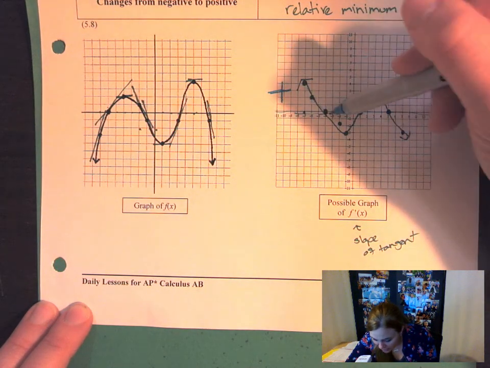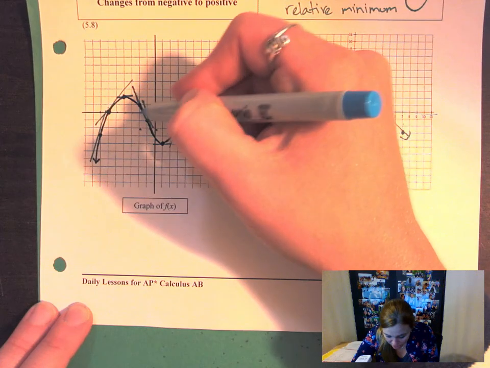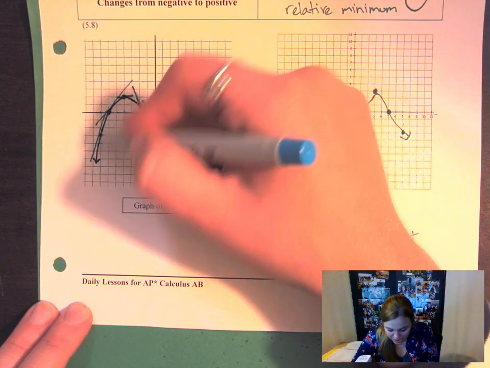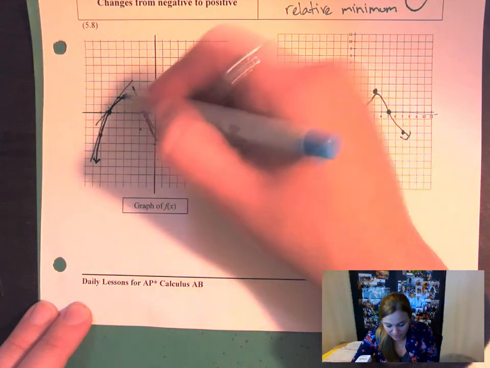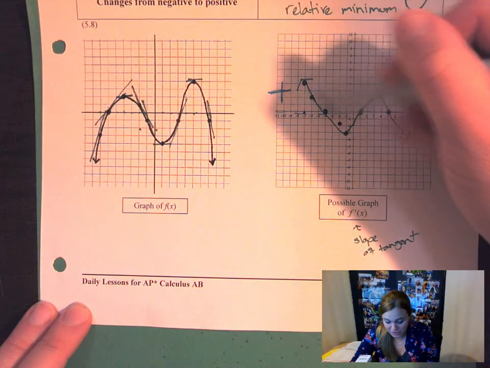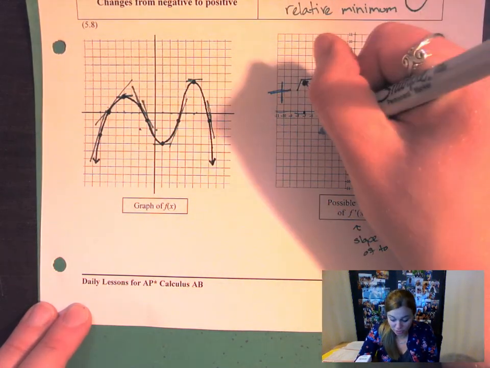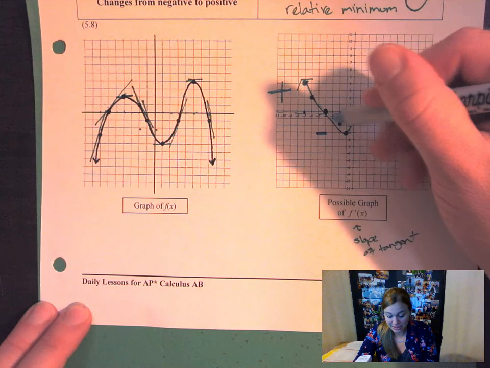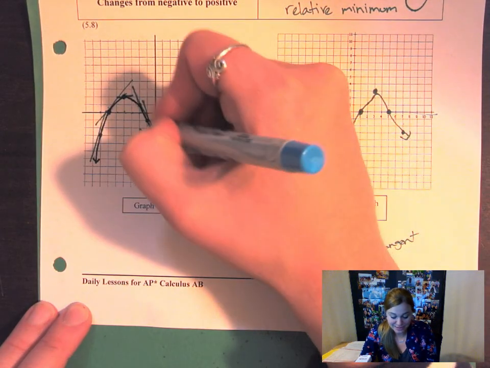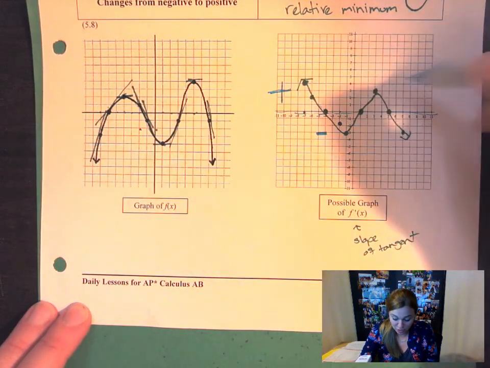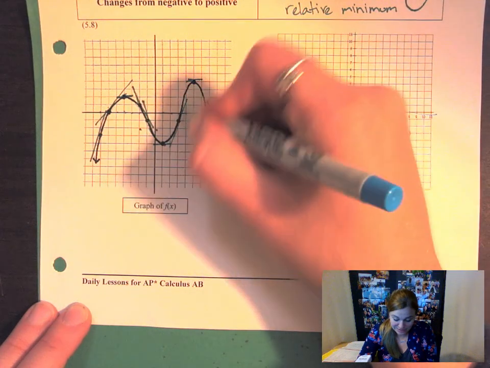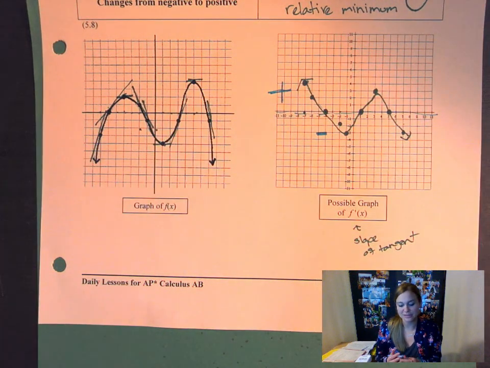Yeah, -infinity to -4. 1, 2, 3, 4. Do you see how this is where this function is increasing? Just because this is positive. Anywhere I go below the x-axis and I see something is negative over here, this function will be decreasing. And then again, will be positive over here. That means f of x is increasing and then decreasing. Okay, let's keep on going.